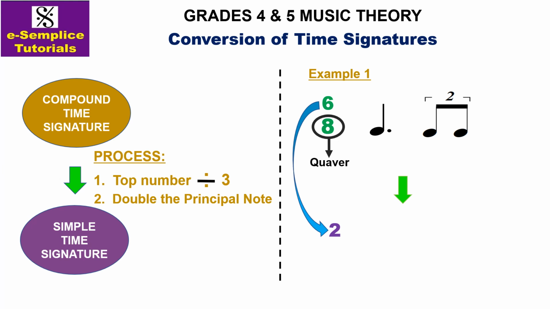If you double a quaver, you are going to have a crotchet, signified by figure 4. Please note, do not double the bottom figure, but double the note it signifies.